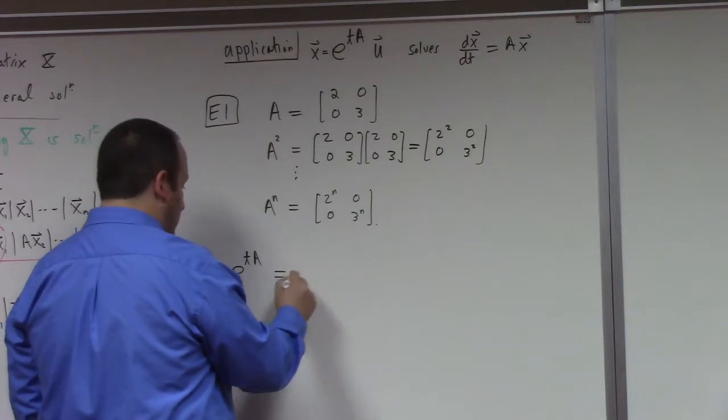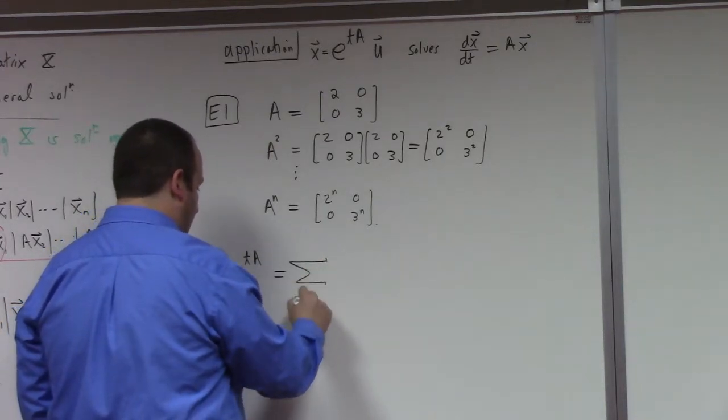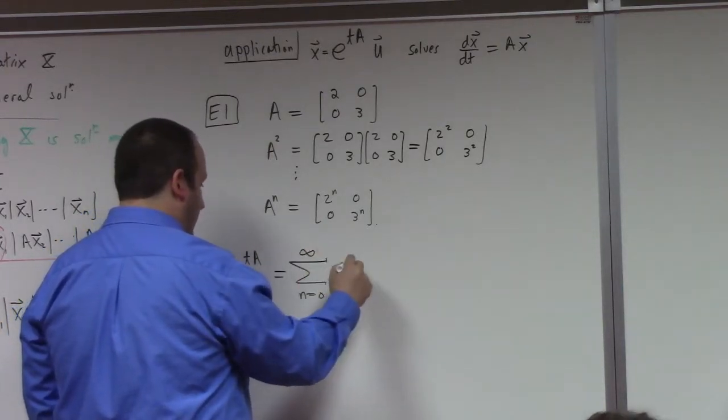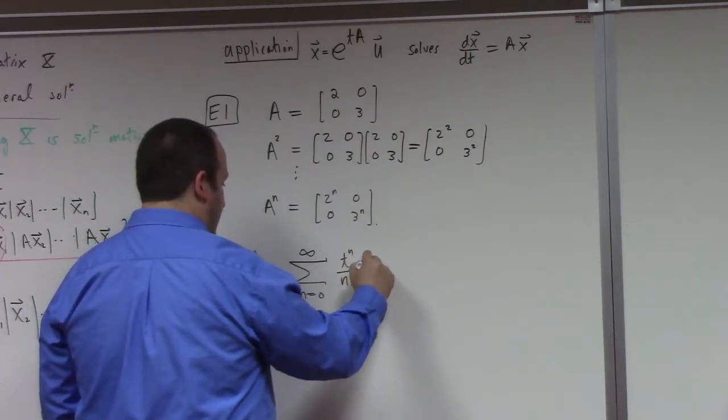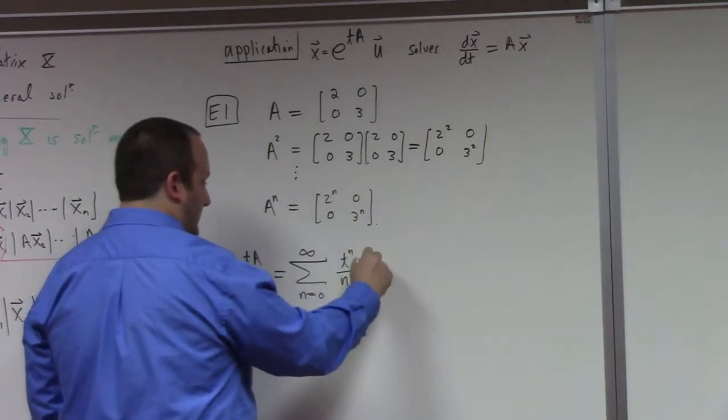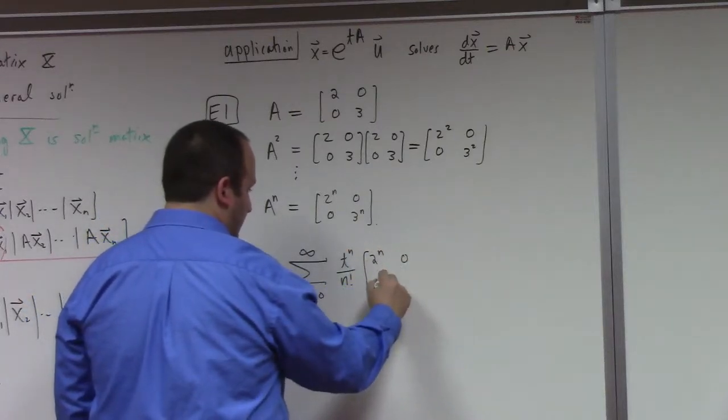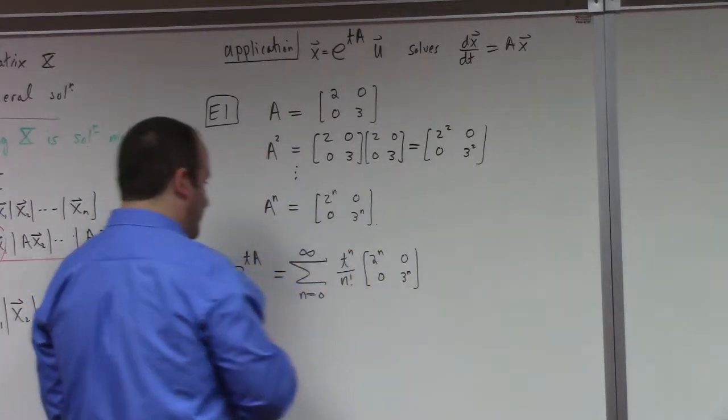It's kind of fun. So this is the sum, n equals 0 to infinity, of t to the n over n factorial, A to the n. Well, what's A to the n? A to the n is 2 to the n, 0, 0, 3 to the n.